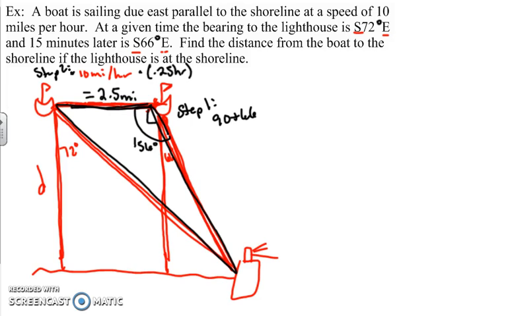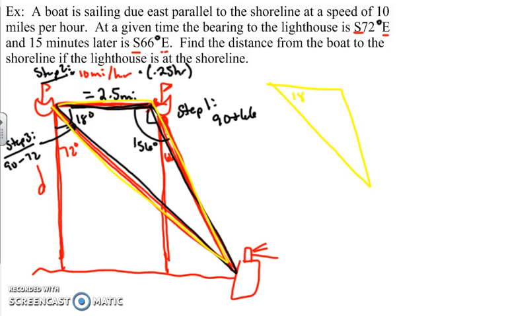Step 2. Okay, I was so excited because I noticed that this angle over here is also a right angle. So that means that this angle, call that step number 3, has to be 90 take away 72 degrees. So that angle there is 18 degrees. So looking at that particular triangle, maybe I'll put it in yellow. On that triangle, I've got an 18 degree angle, 156 degree angle.